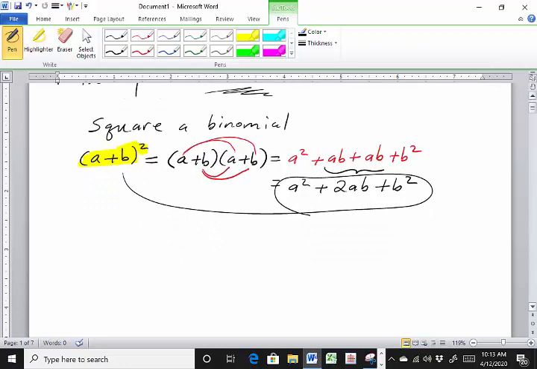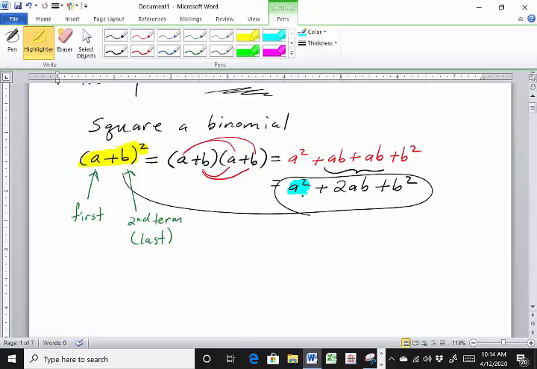So let's look at this pattern here. I'm going to call this a plus b. So I'm going to call the a term the first term, and then I'll call the b the second term, or I could also call it the last. A lot of times I'll refer to it as the last term. All right? So look at the pattern. The first term over here, as the result, so I'm highlighting it. Notice the first term is squared, okay?